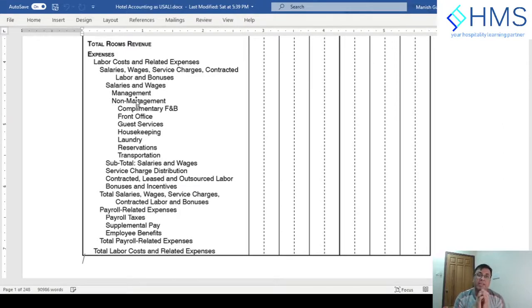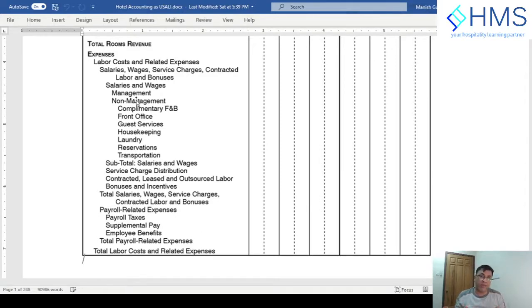Only the guest touch points like supervisors and below are put as non-management, and they are separated into each and every department, so that it's easy to compare how the hotel has been structured compared to previous year, compared to budget, and what is actually being done.